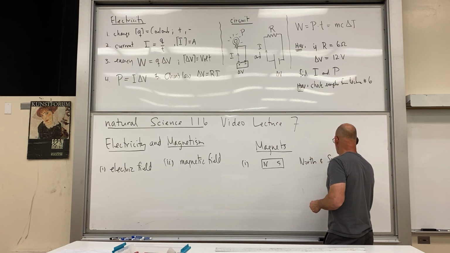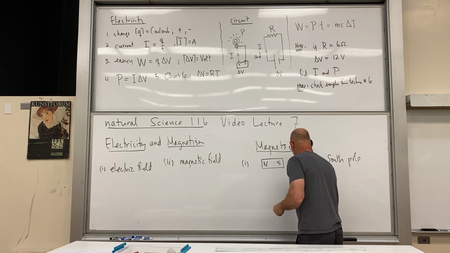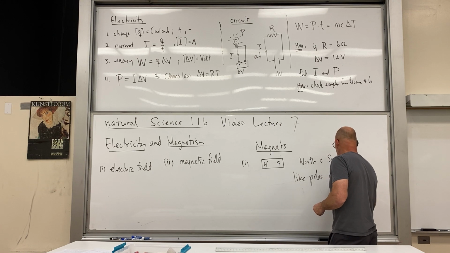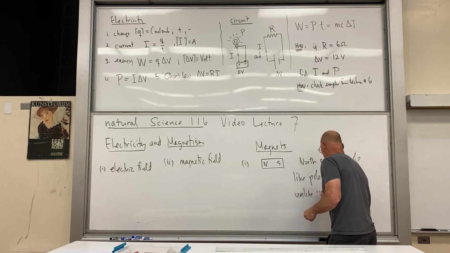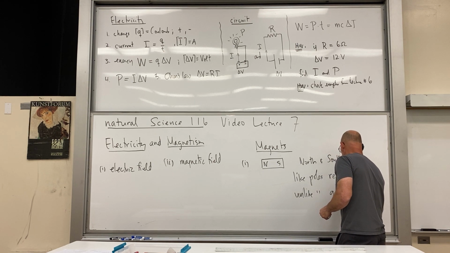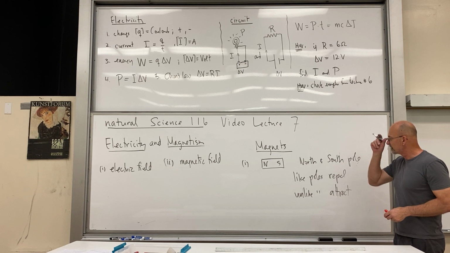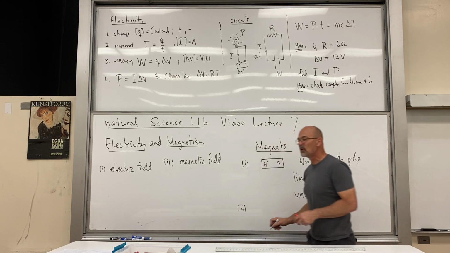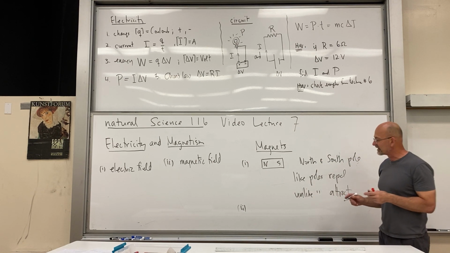Like poles repel, unlike poles attract. That kind of reminds us of the charge. The difference is we cannot isolate a magnetic pole. No matter how small you cut those things, they're always going to have a north and a south pole.